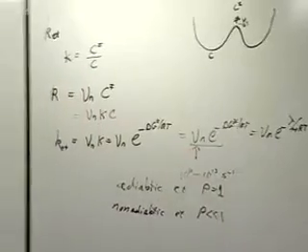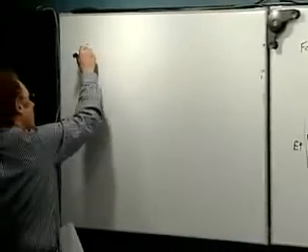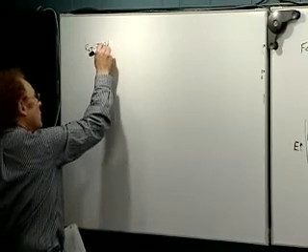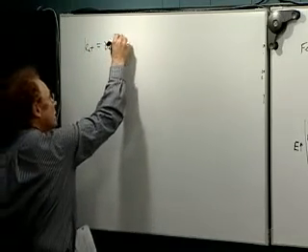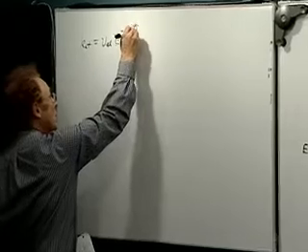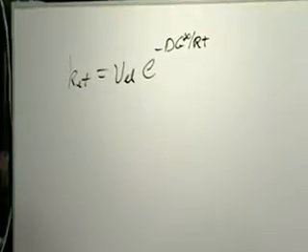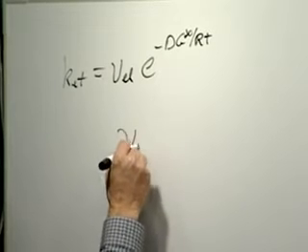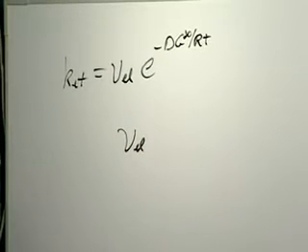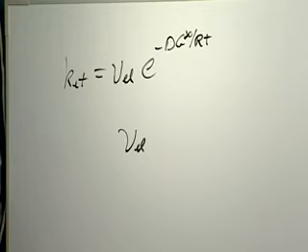And then rather than write the rate constant like that, they write the rate constant for KET as nu electronic times e to the minus delta G star over RT. Okay? And now nu electronic, rather than a nuclear frequency, is going to involve the electron motions. Okay? And it's the transfer probability.